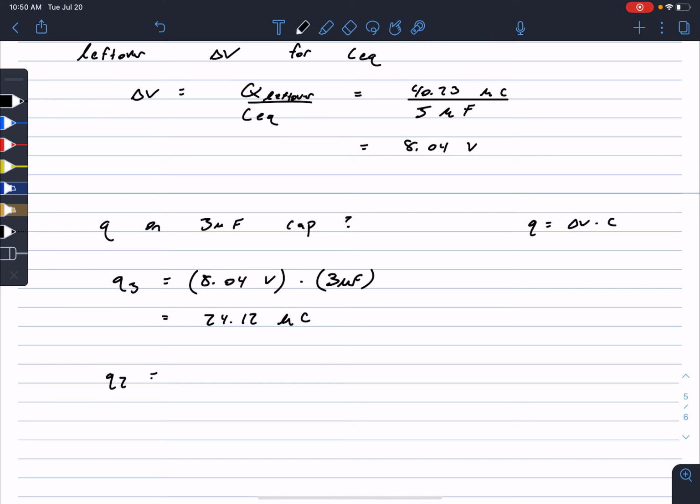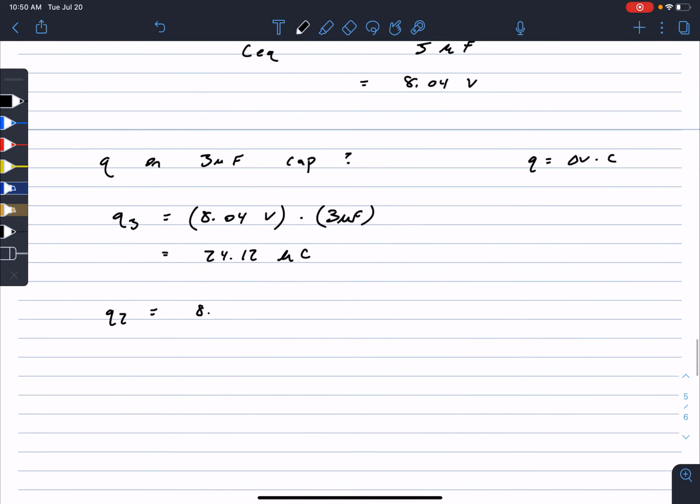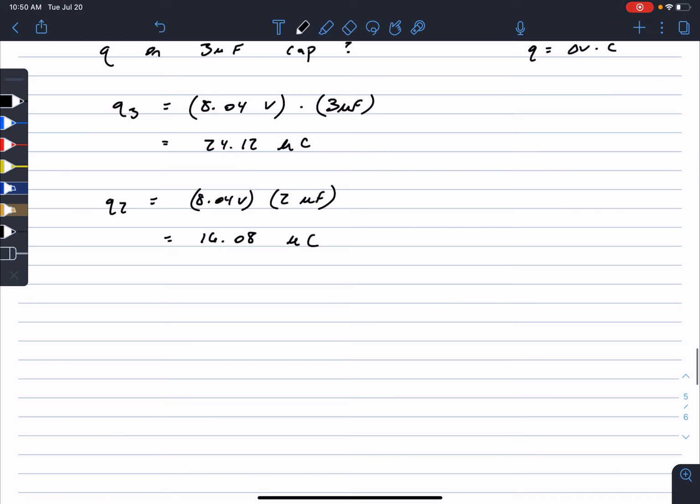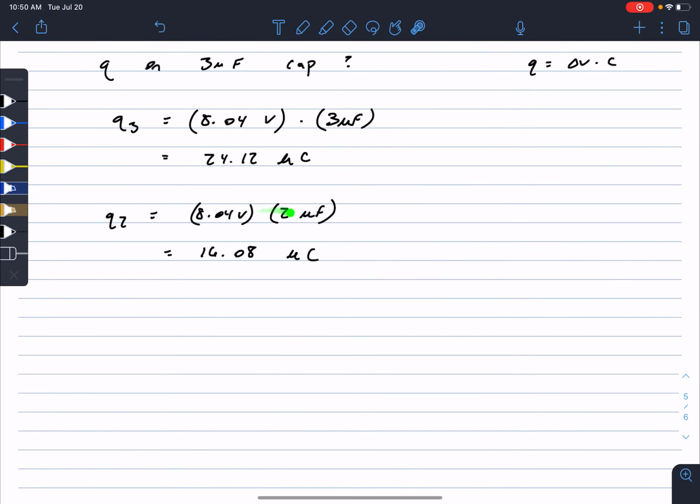We can also find it on the other one for fun. I'm not sure if we're even asked to do this, but we have all the tools to do it right here. Why not just go and do it? We could do it this way, or we could also do it another way. We could take what we had initially minus this.